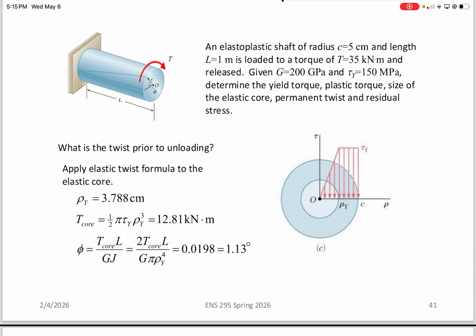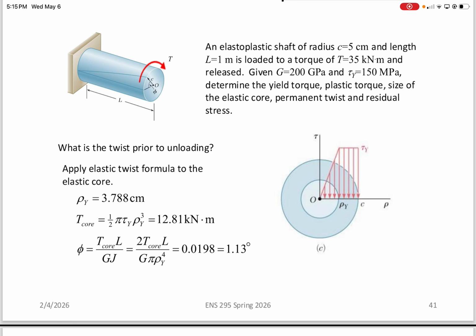This comes from TL over GJ, because this follows linear elasticity, so we can apply the equation we derived early on in chapter 3. What we end up with is a total rotation of around 1.13 degrees, and this rotation is occurring directly at this point here.